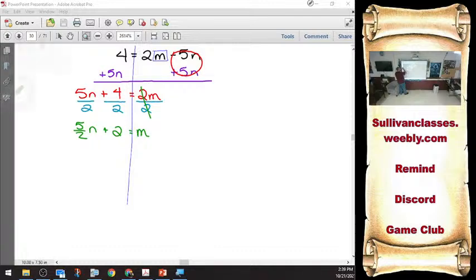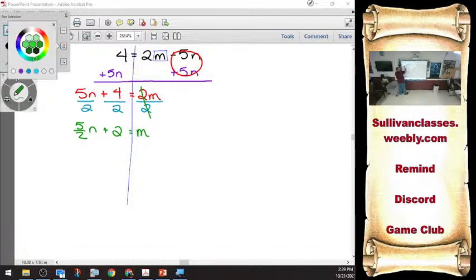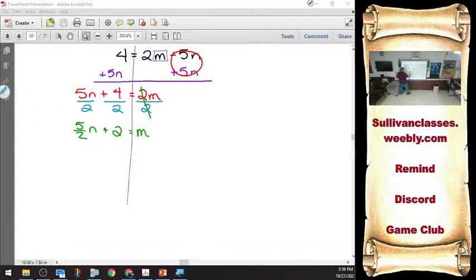Another way you could do that, forget who we were working with over there, is I could also write that 5n plus 4 all over 2. That is also correct. Both of those are correct because they both show that everything was divided by 2.